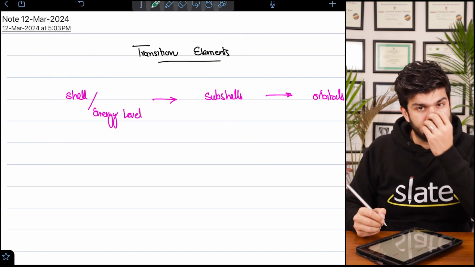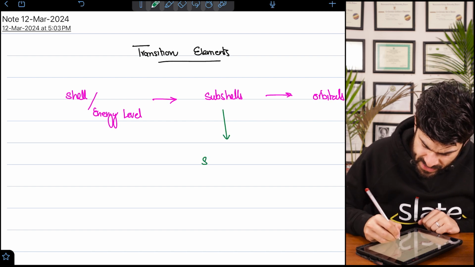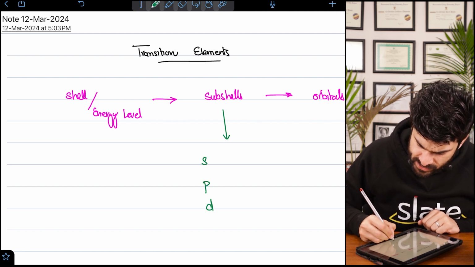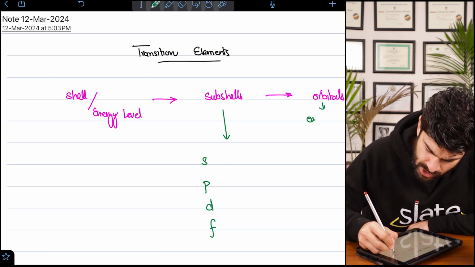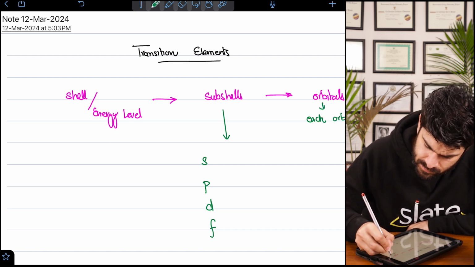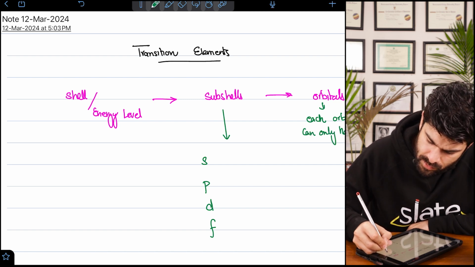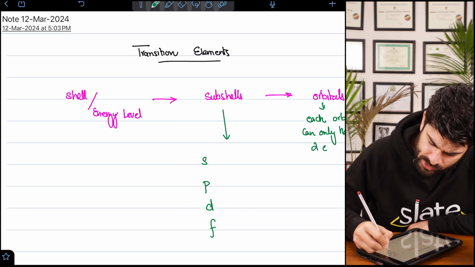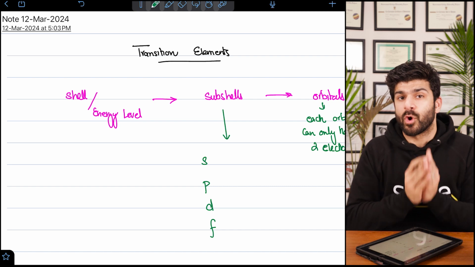In the case of subshells, we talked about four subshells: S, P, D, and F. Remember, for orbitals, each orbital can only have two electrons. So that is something fixed for orbitals.